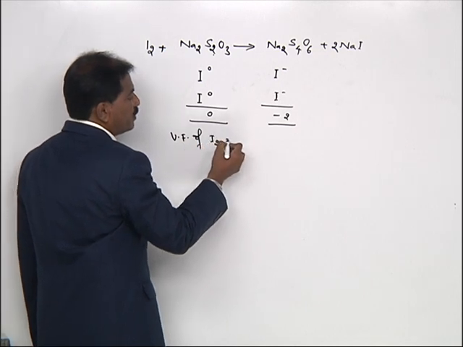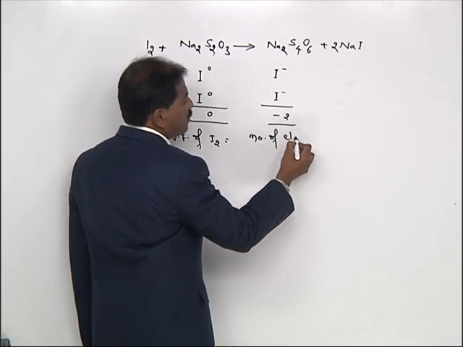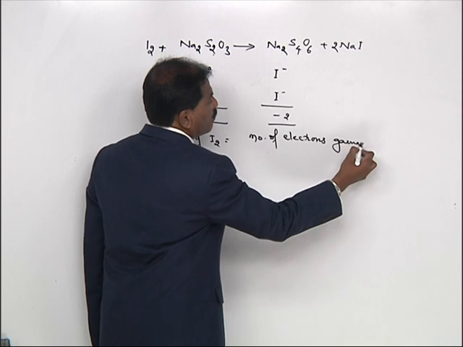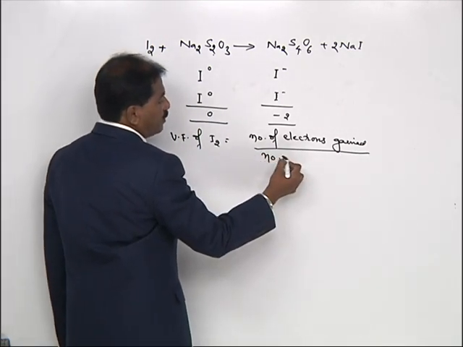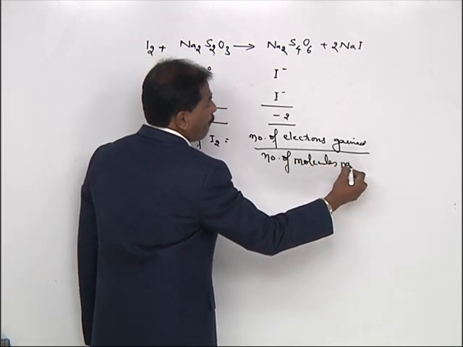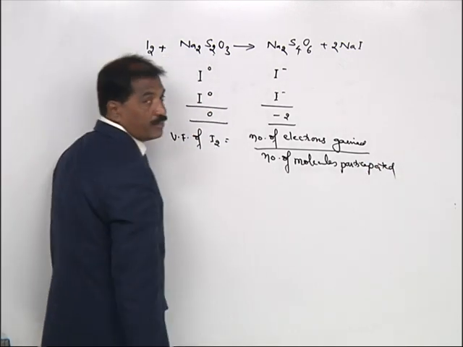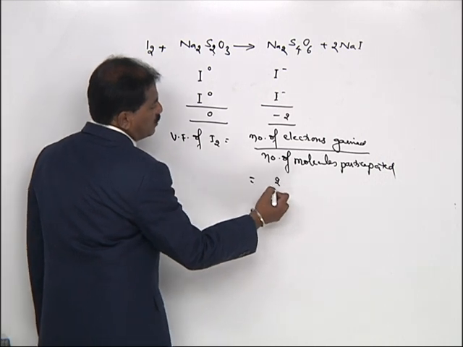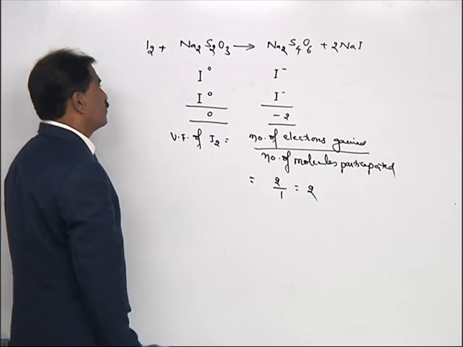Valence factor of iodine is number of electrons gained by number of molecules participated. Number of electrons gained, 2; molecules, 1. So, therefore, valence factor of iodine is 2.